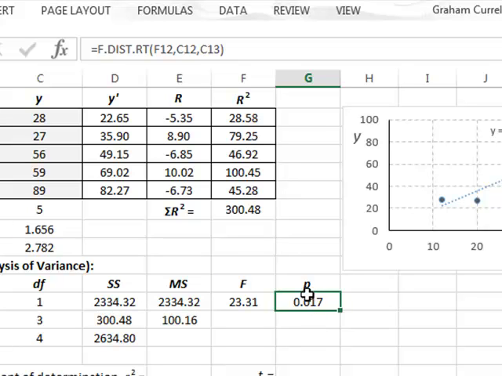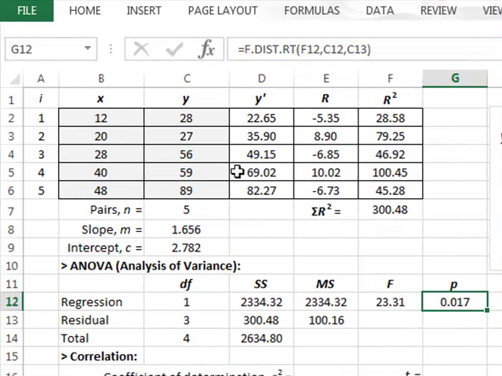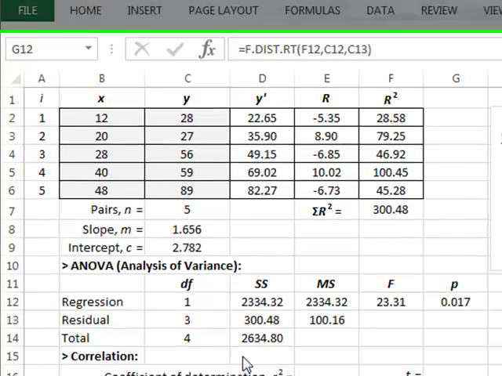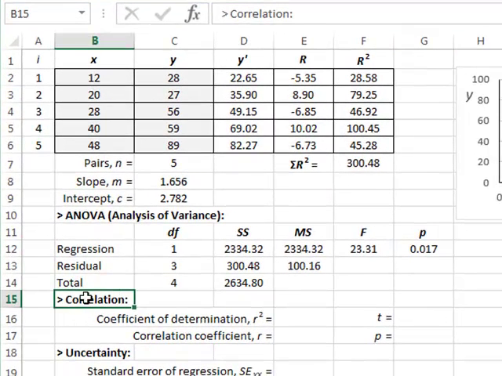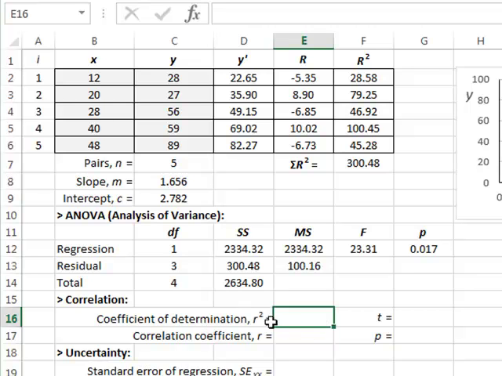In this case, this p-value shows that the probability of a non-zero slope occurring by chance is only 1.7%, which is sufficiently low for us to accept that there is indeed a true linear relationship between the y values and the x values.